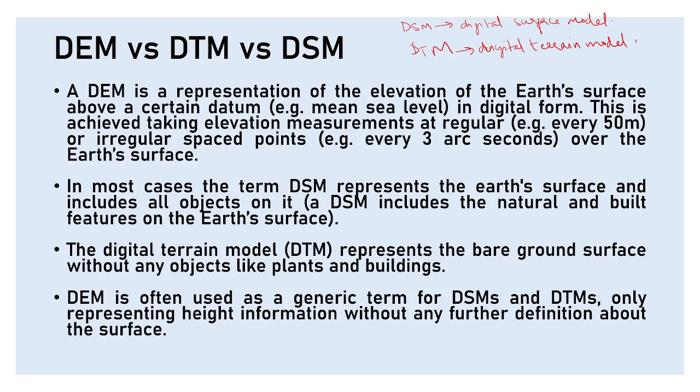If you have information about the natural or built features, then we specifically say DSM. But generally, when you say DSM or DTM, people just say it is a digital elevation model. You just have to be familiar with these terms, in case you get a question related to this.